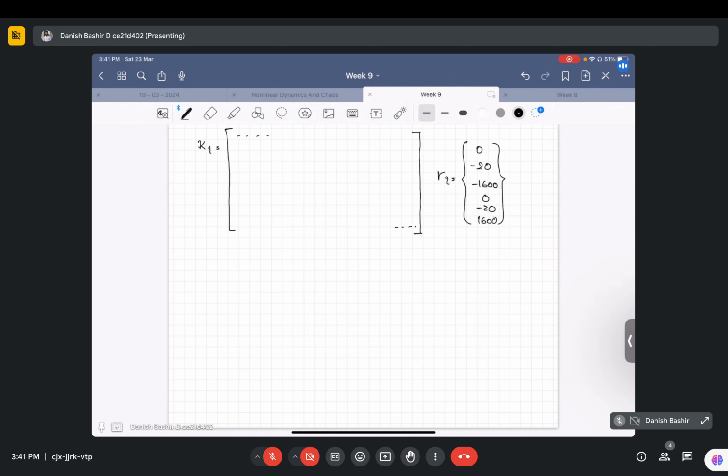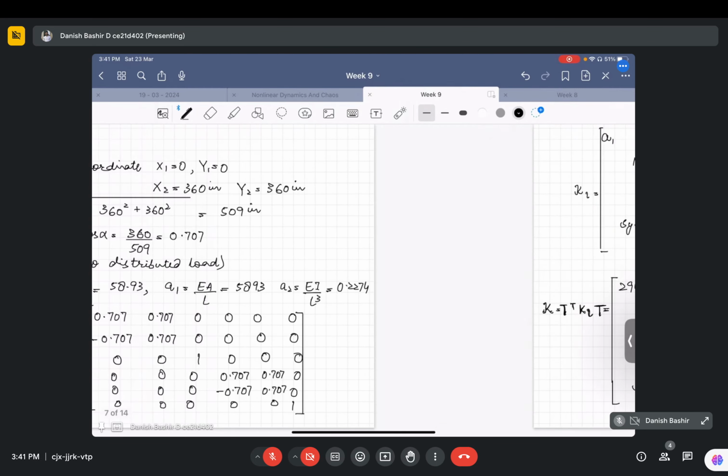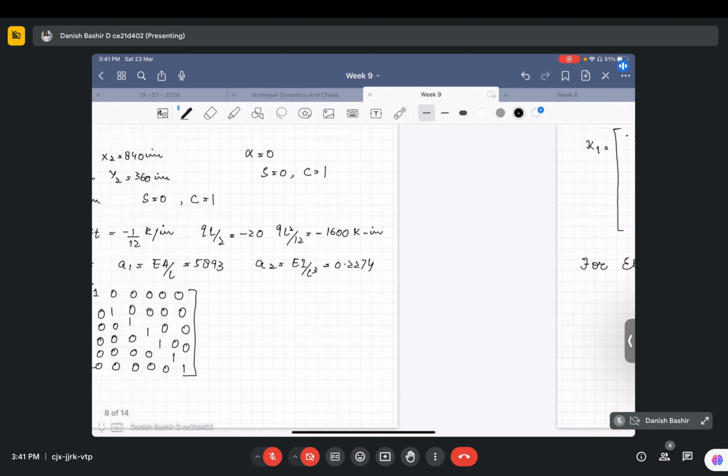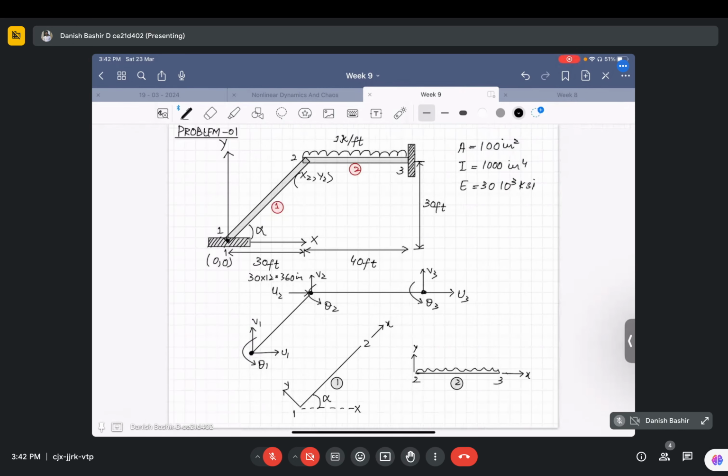Okay. Then for element one, the system of equations will be, applying the boundary conditions, because boundary conditions u1 v1, this is fixed, this is fixed.